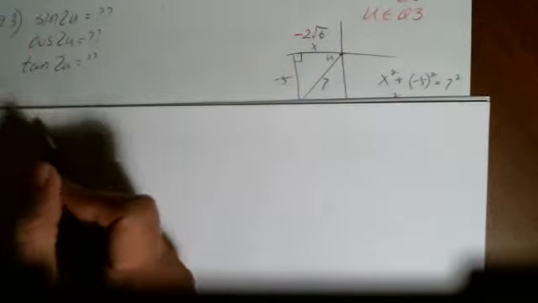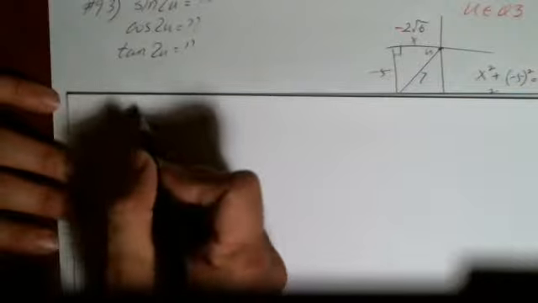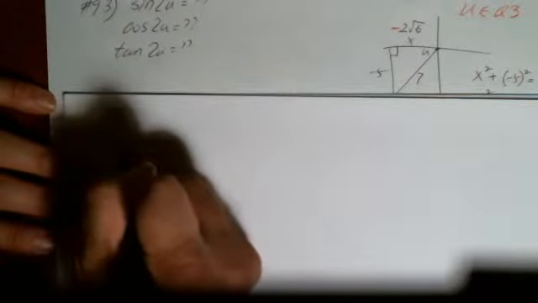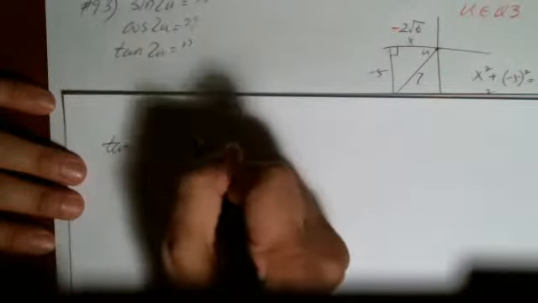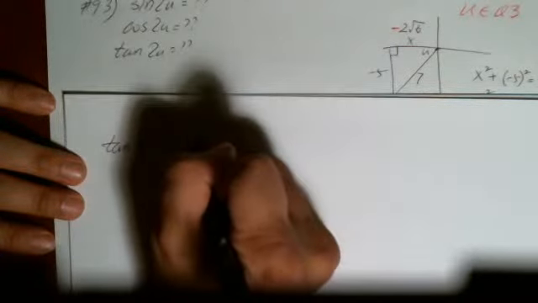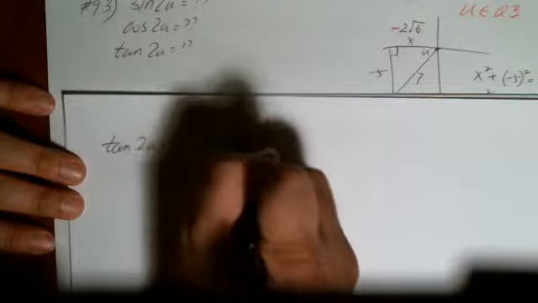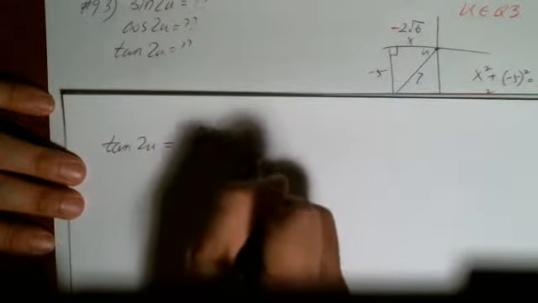Given this information, I'm going to try to figure out what the tangent of 2u is. The tangent of 2u is going to be 2 tangent of u over 1 minus tangent squared of u.